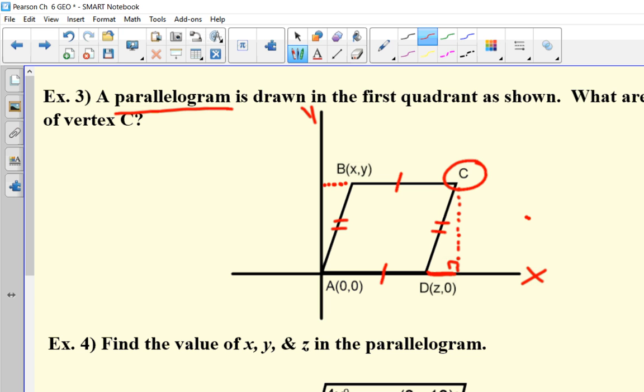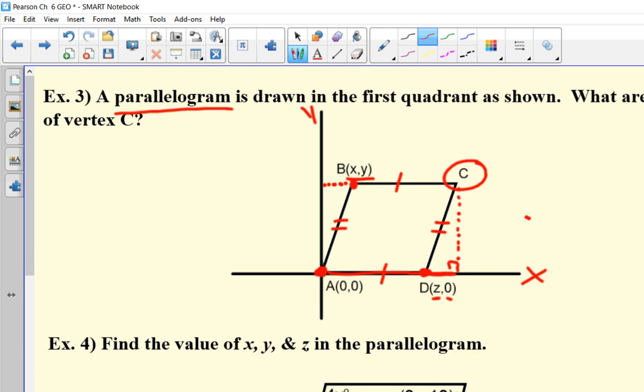Another key here is that this point right here is 0, 0. So I've got real numbers, okay? And this point down here at D is whatever the distance here is going to be. We're going to call it Z. It's the X value at some point out here, and the Y value is 0, okay? If you look up here at B, the X value right here they're calling X, and the Y value right here they're calling Y.